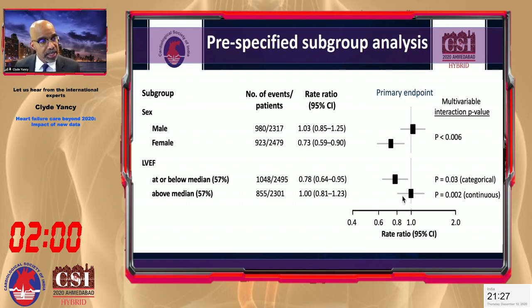And when the median ejection fraction was evaluated in this trial, the median being 57%, at or below 57%, a very compelling point estimate. So much so that these data are under evaluation by the United States Food and Drug Administration, potentially as a new indication for the ARNI compound for patients with mid-range ejection fraction heart failure, maybe preferentially for women.